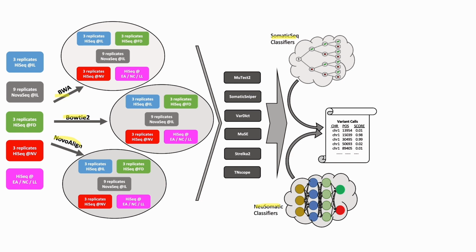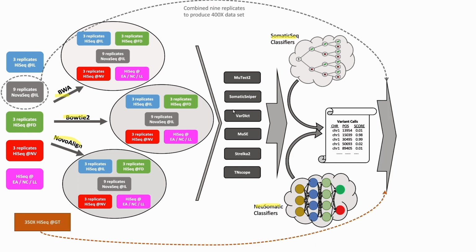For those, we use 3 additional datasets to rescue them back into the reference call set. By combining the 9 NovaSeq replicates from Illumina into a single 400x dataset, and an additional independent 350x dataset from Genentech.